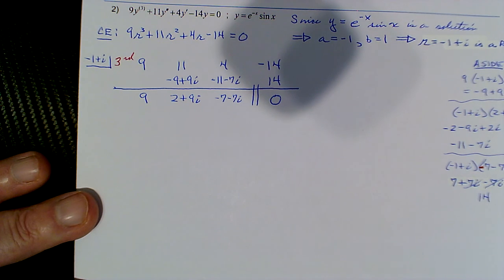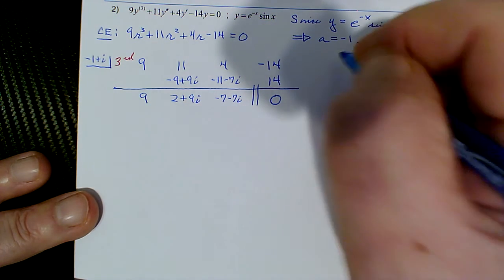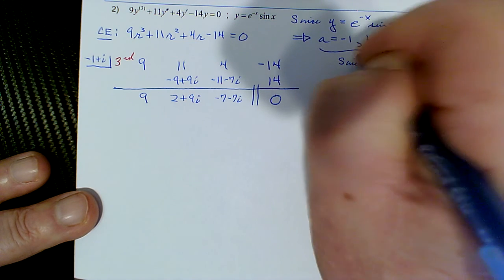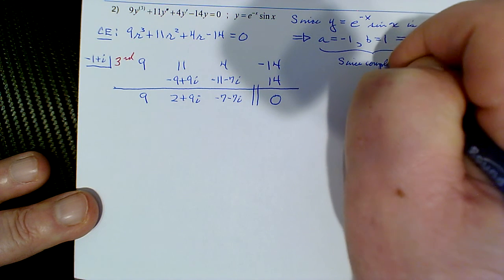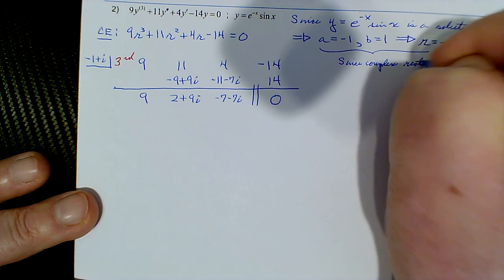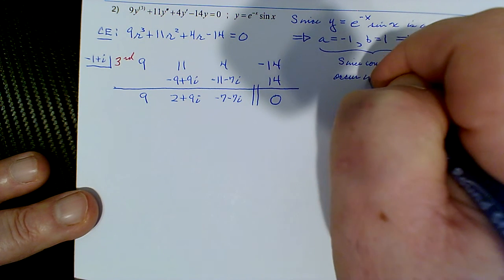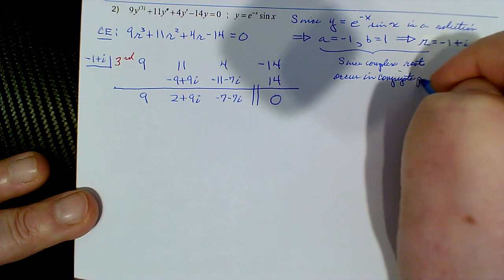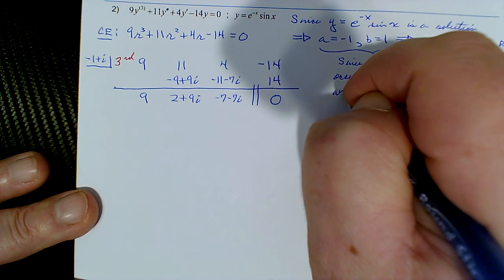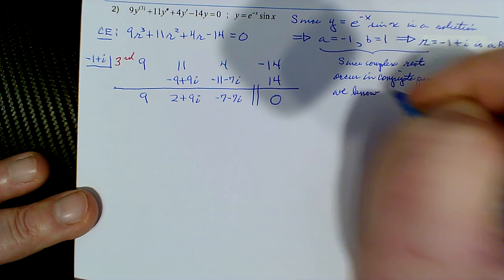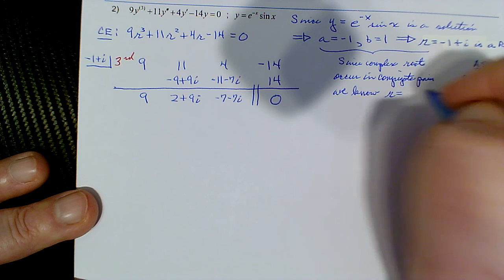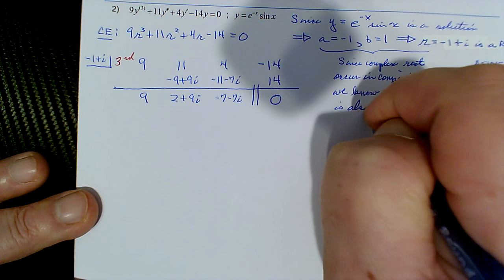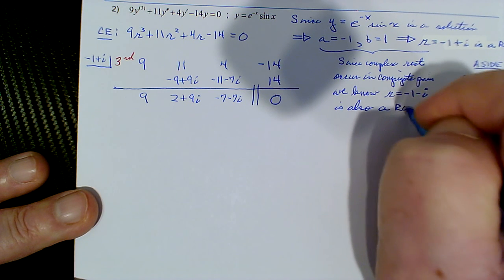Because I know that since complex roots occur in conjugate pairs, we also know that r equals minus 1 minus i is also a root.